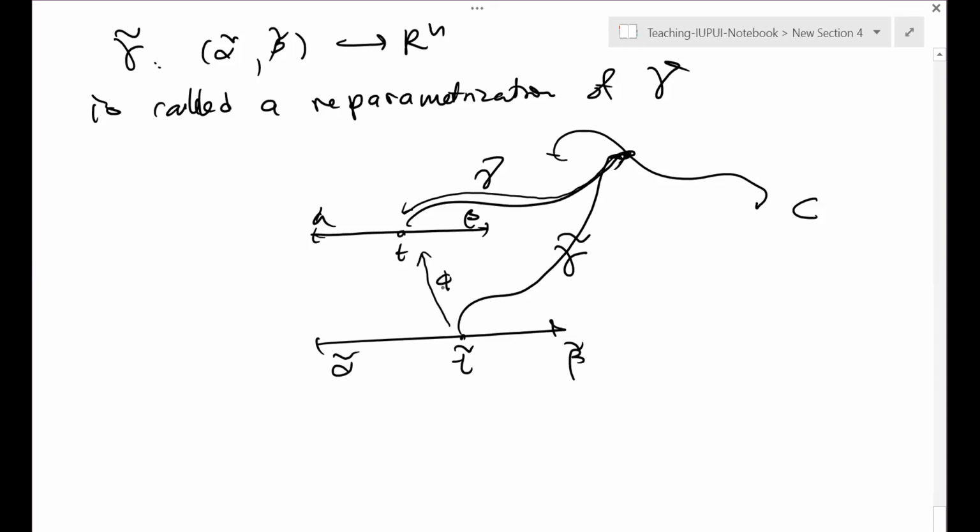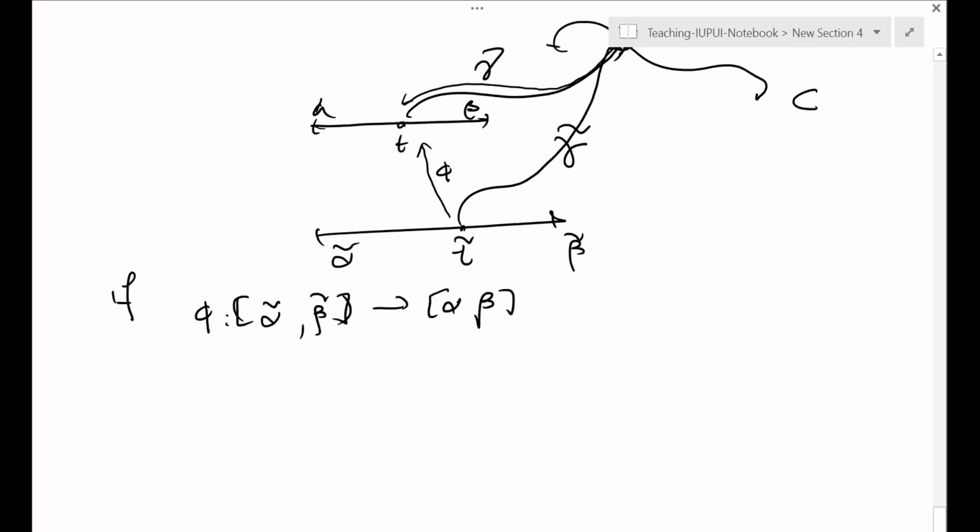So if the following condition is satisfied, phi from alpha tilde beta tilde to alpha and beta is a smooth bijective map.